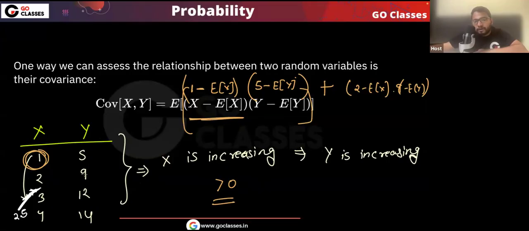Can you tell me the average of y? 28 plus 12, 40, divided by 4, is 10, right? So E[y] is 10. So this quantity is 2.5 into 5 minus 10. This is one of the quantities.